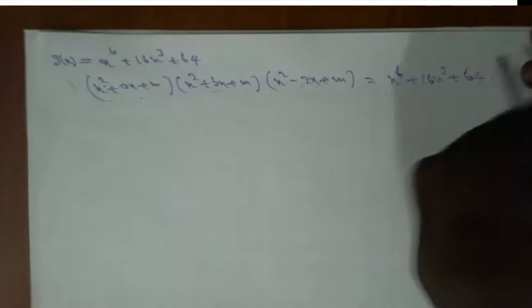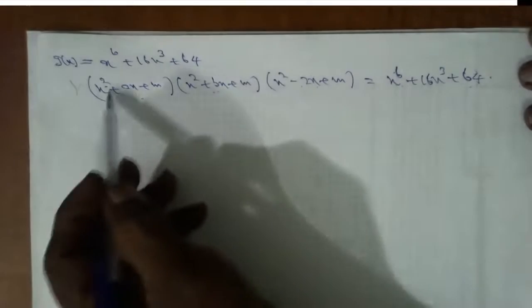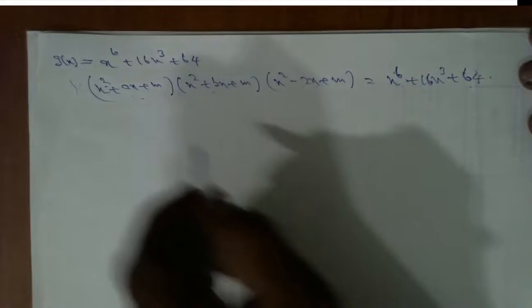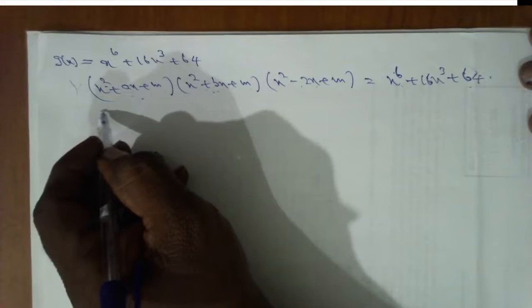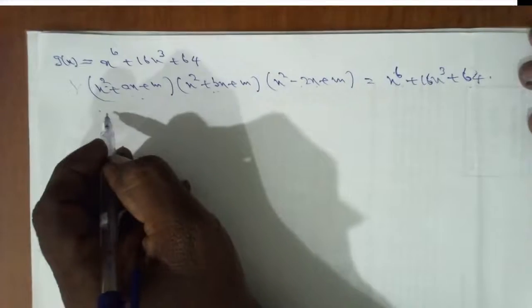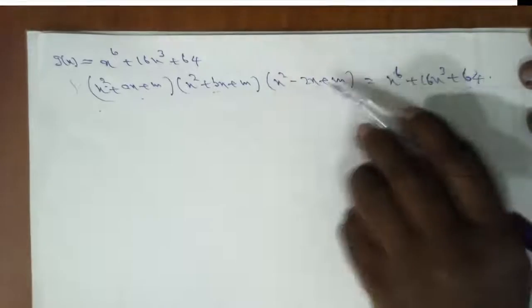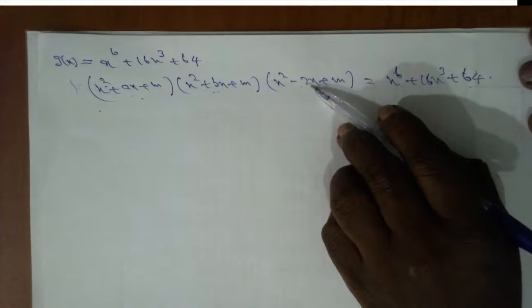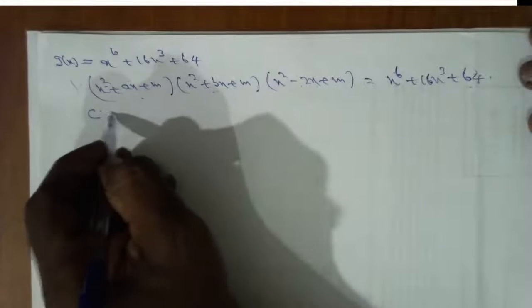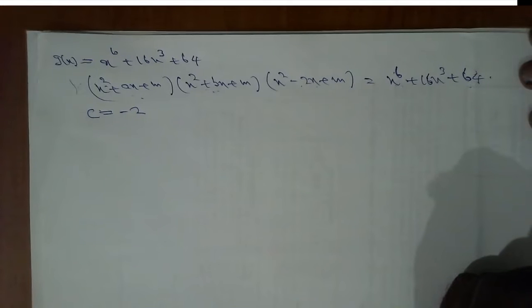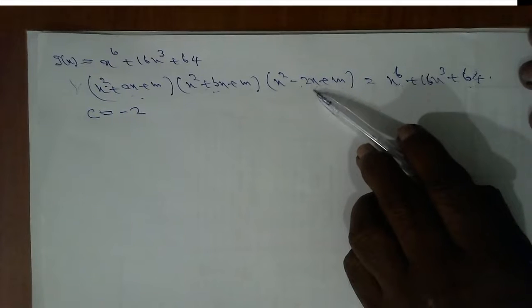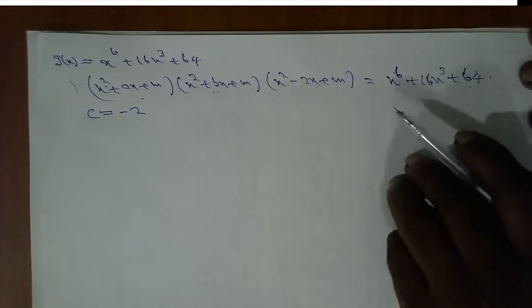Therefore, straight away this expression is equal to this one, right? If you compare with the previous expression, x squared, very similar to this, then in this case here minus 2, then c equals minus 2. If you compare, c equals minus 2.